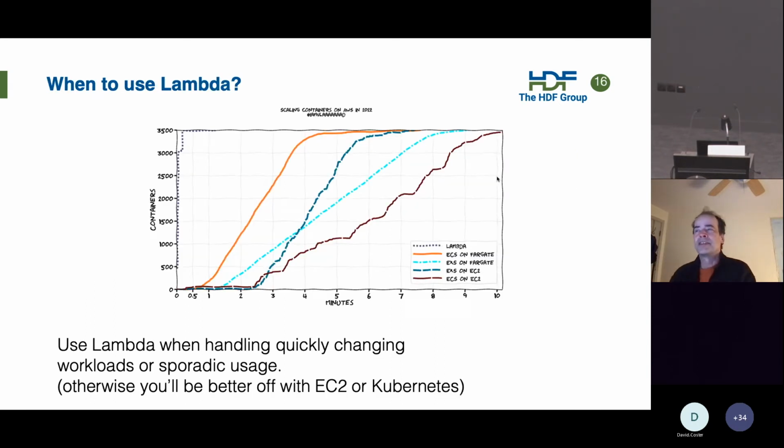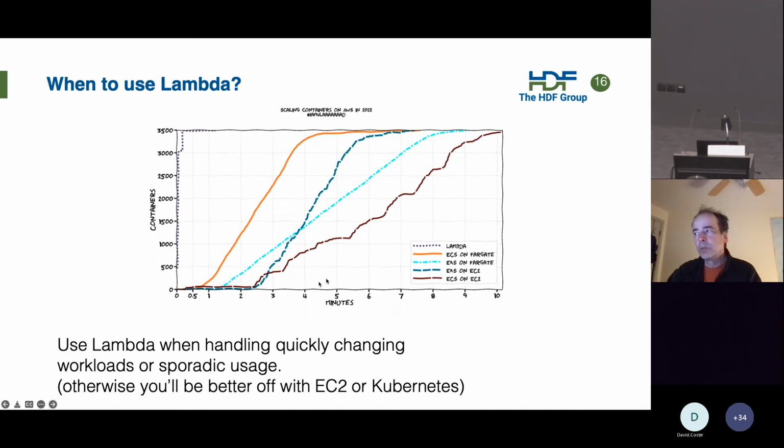So here's an interesting chart that shows the advantages of Lambda. Here you see time on the x-axis and how long it took to instantiate some number of containers from 0 to 3,000.